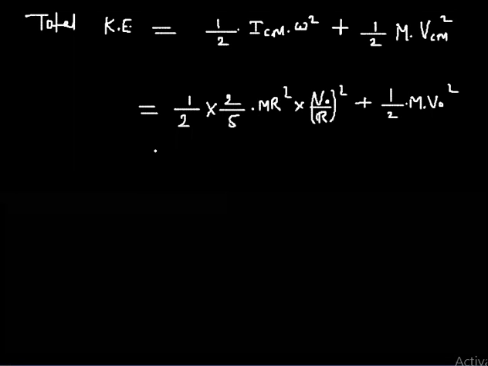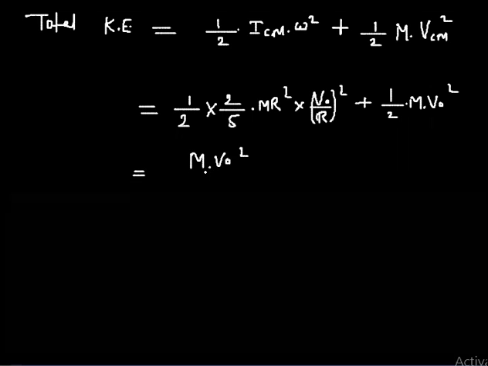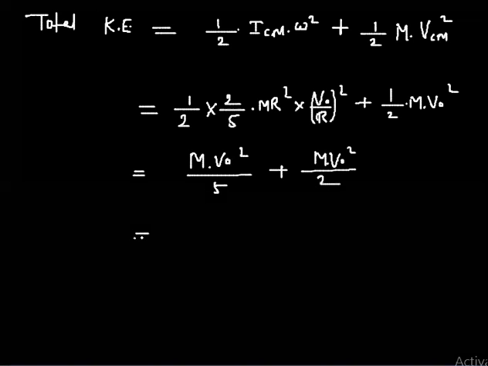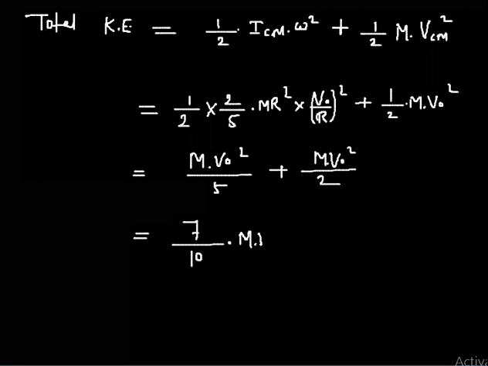If we solve these, we get m v naught square by 5 plus m v naught square by 2. The answer is 7 by 10 times m v naught square. This is the total kinetic energy. This is the first part.